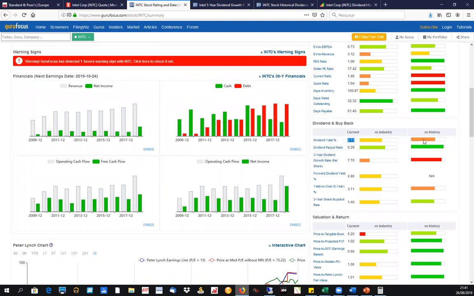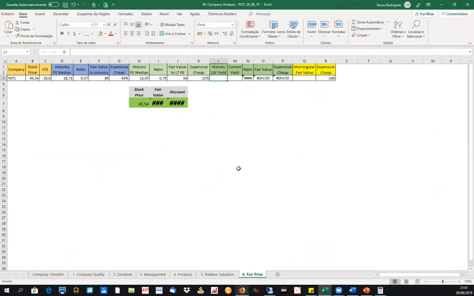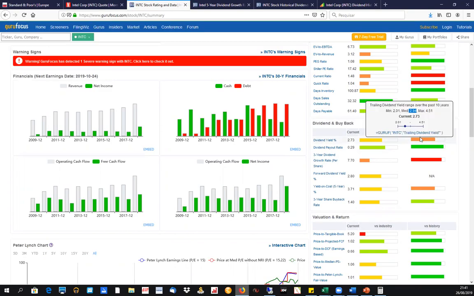Versus its history, the median dividend yield over the last 10 years has been 2.94%, and the current dividend yield is slightly lower, 2.73%.